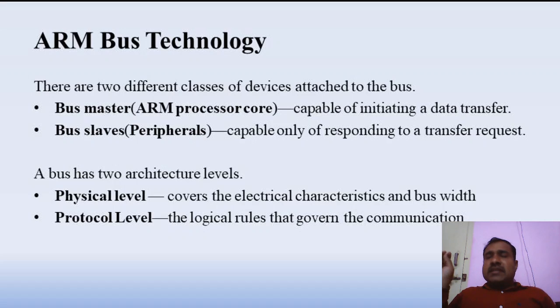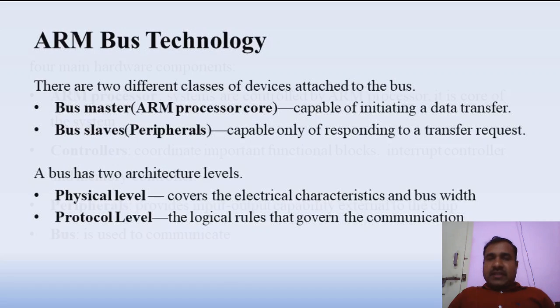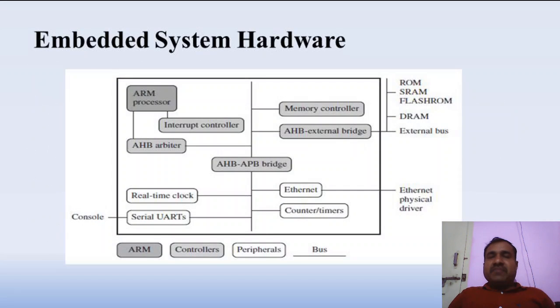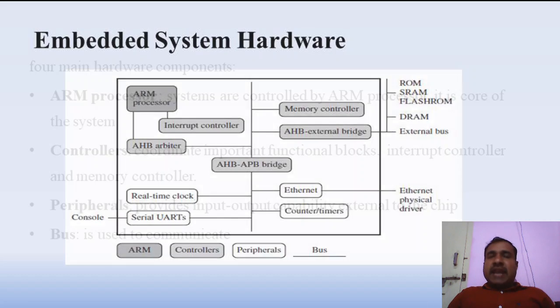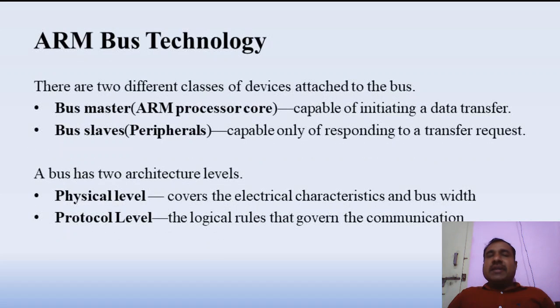Bus masters are the ones which initiate the data transfer, while bus slaves are the devices which just respond to a request. So in the previous system, our processor can be taken as a bus master, and all other peripherals can be treated as bus slaves.